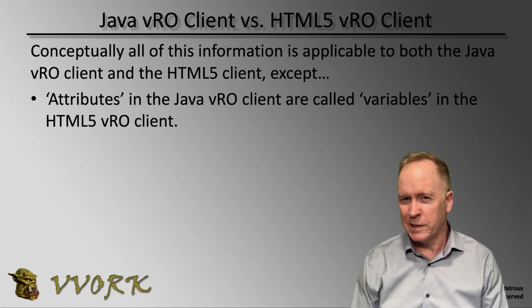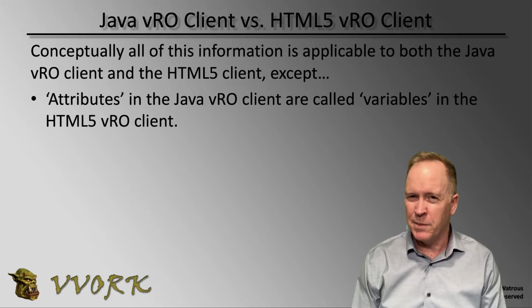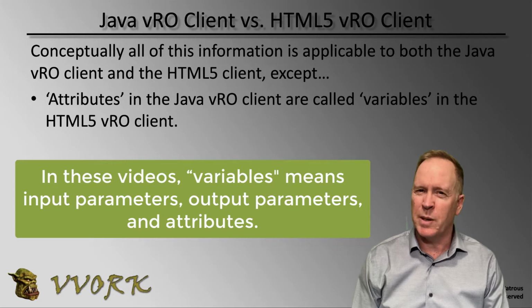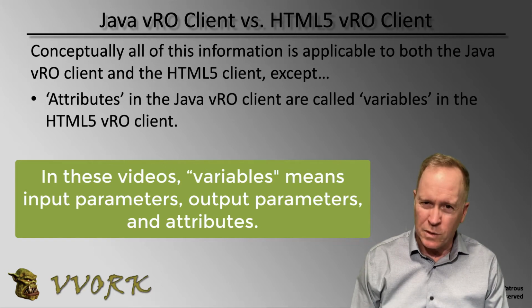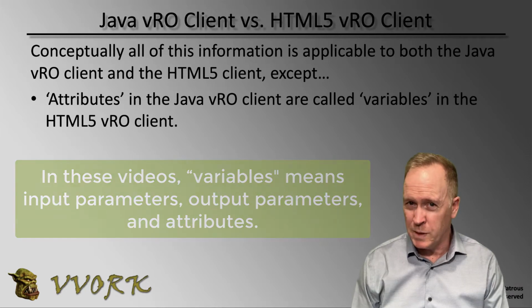When I say variables, I don't want you to be confused with meaning specifically attributes. Instead, I want the term, as I described in the previous slide, I want the term variables and variable types to mean input parameters, output parameters, and attributes. So I'm going to stick with the older terminology of attributes.